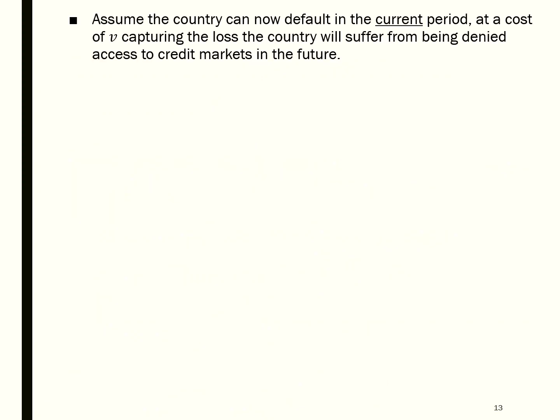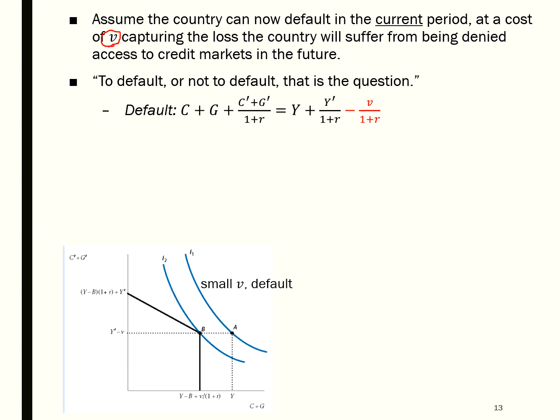Now assume that this country can default in the current period at the cost of V, capturing the loss of the country because it will suffer from being denied access to the credit market in the future. To default or not to default, that is the question. So let's compare these two cases.